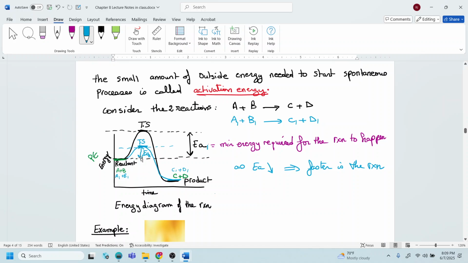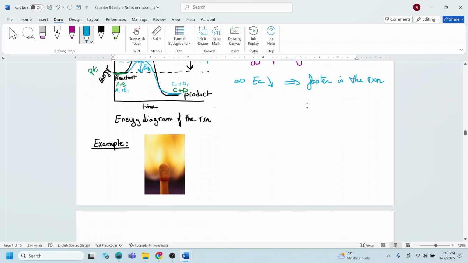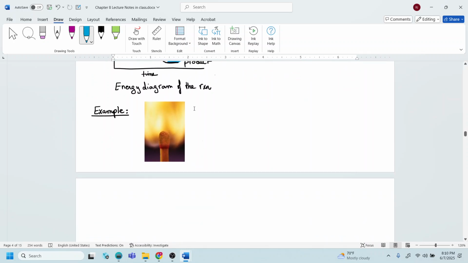So I would say that this reaction is a faster reaction because its activation energy is lower than the other reaction that has a higher activation energy.